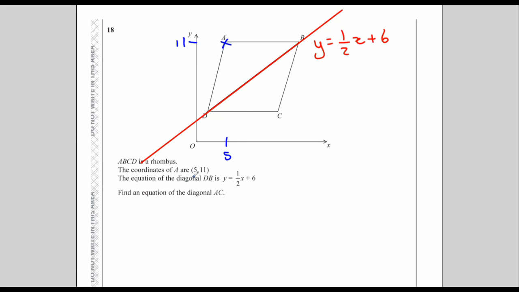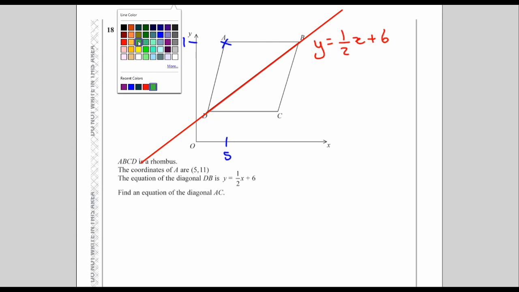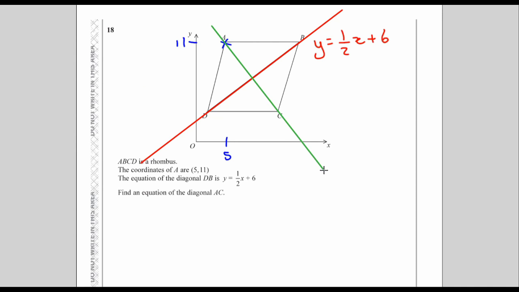Find the equation of a diagonal AC. This line. I've gone off track again. My free hand has gone downhill, I'm afraid. We want to find this equation. Now, it's a rhombus, so actually these lines are perpendicular. Okay?